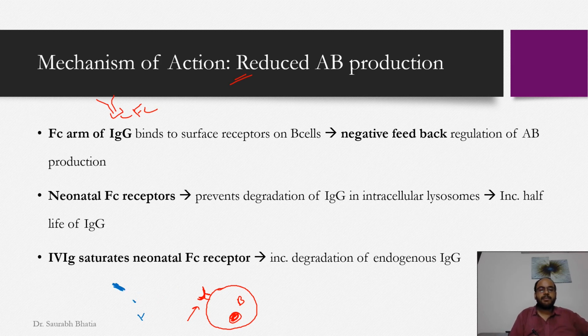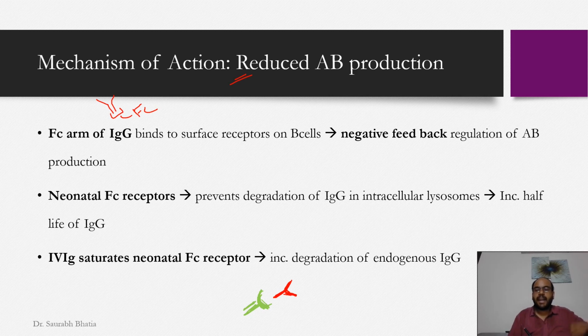Second mechanism is by the neonatal Fc receptor. Now what happens is that you have a neonatal Fc receptor. That means you have a receptor, and it will bind to endogenous IgG.